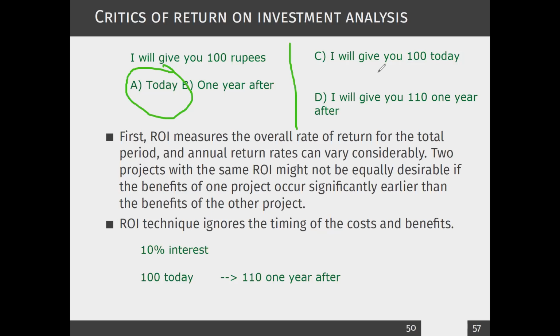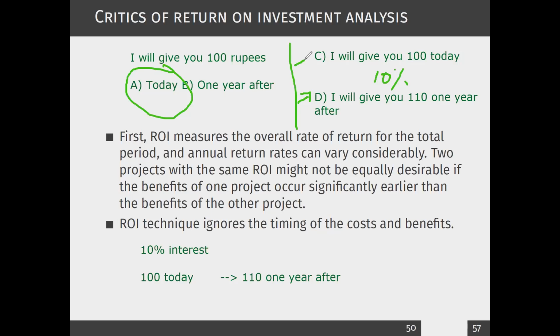Now, let's say you have a 10% interest rate, C and D are both the same, right? If there's 10% interest, getting 100 today is the same as getting 110 after 1 year's time. Both are the same. If your interest rate is more than 10%, then you should go for C.